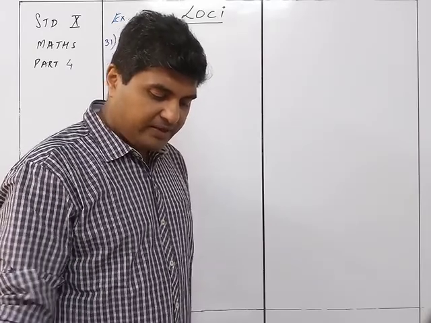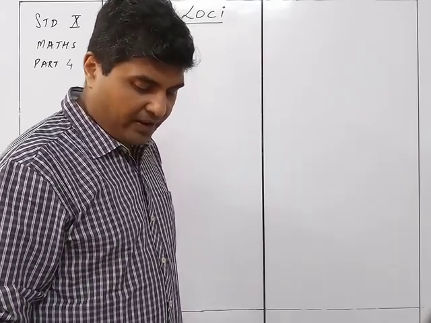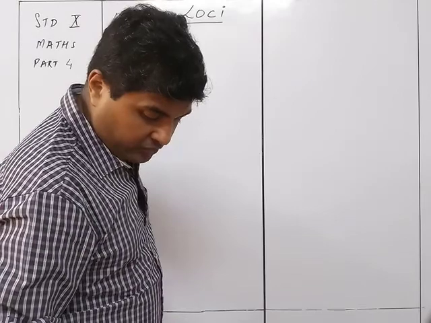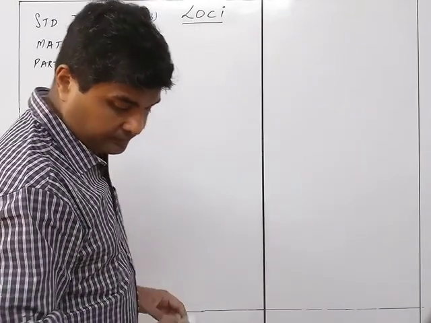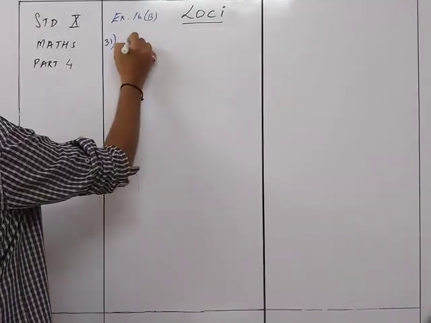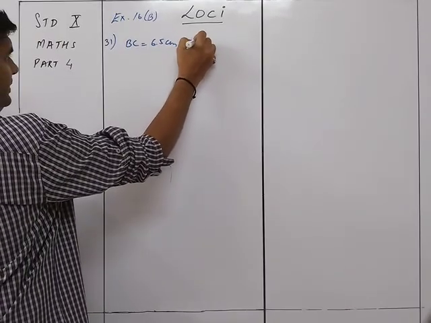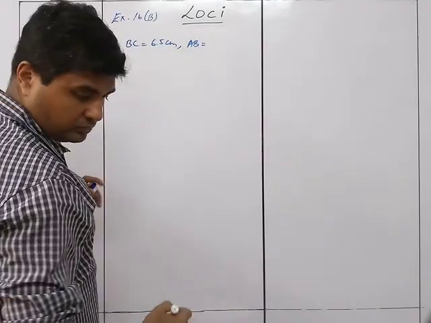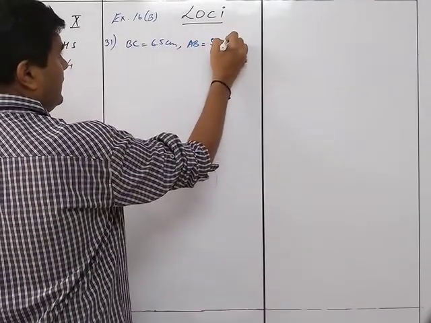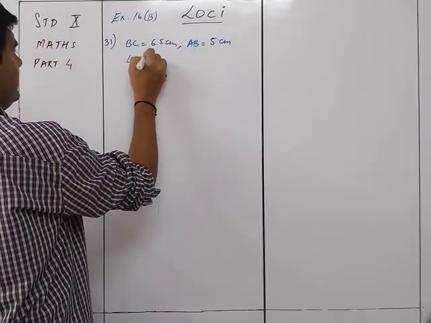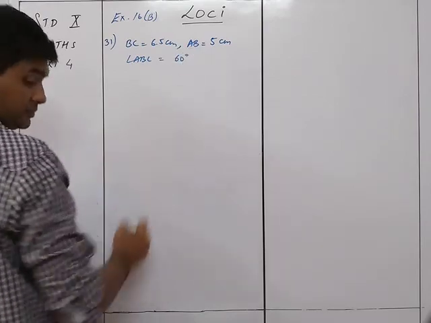Consider the triangle ABC with BC as 6.5 centimeters, AB is equal to 5 centimeters, and angle ABC is equal to 60 degrees.